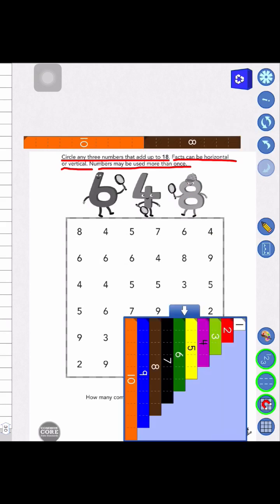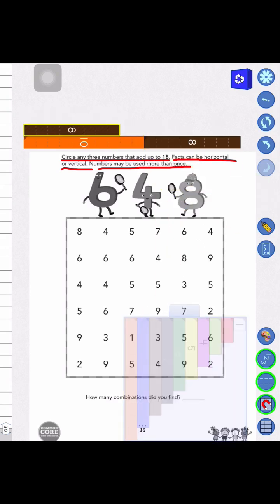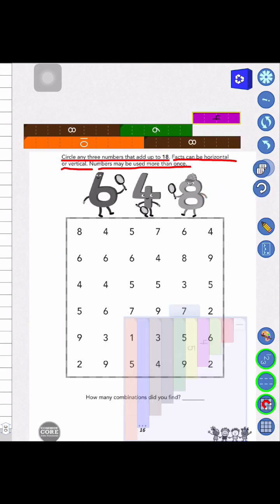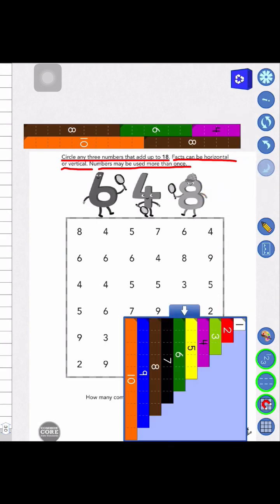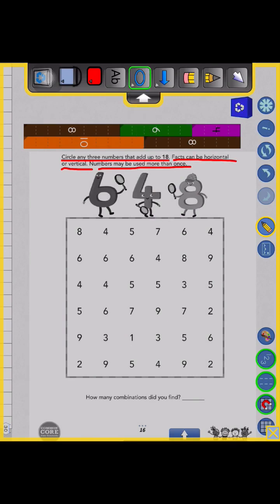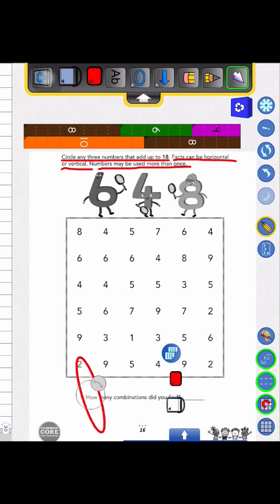Okay, so maybe we can try number 8, number 6, and number 4 in the first column. So we place an 8 rock and also a 6 rock and also a number 4. The lengths are the same. That means they add up to 18. So we circle number 8, number 6, and number 4.